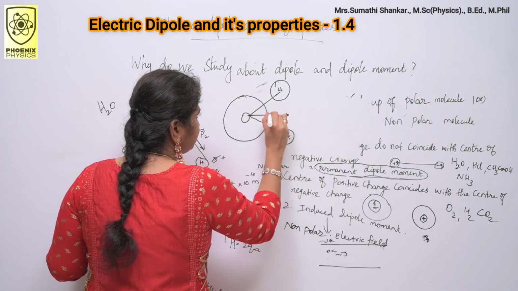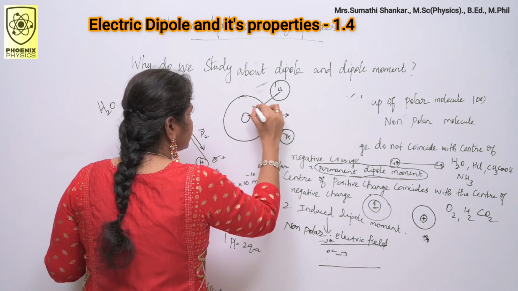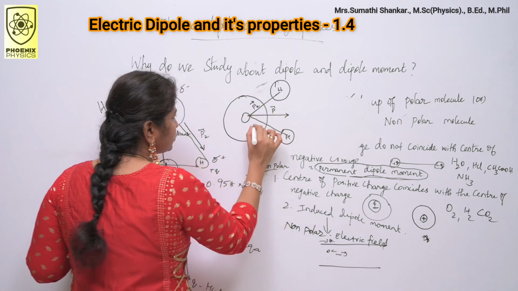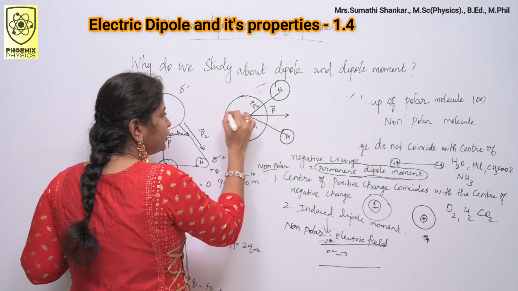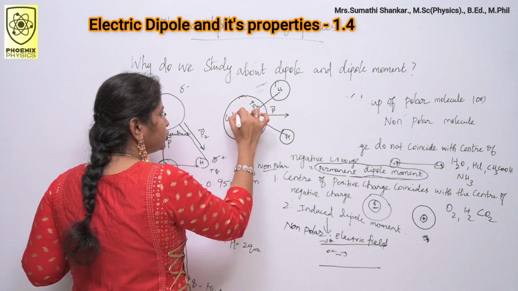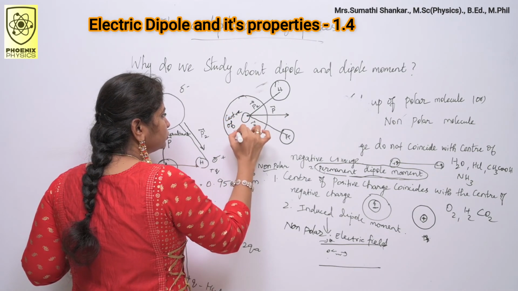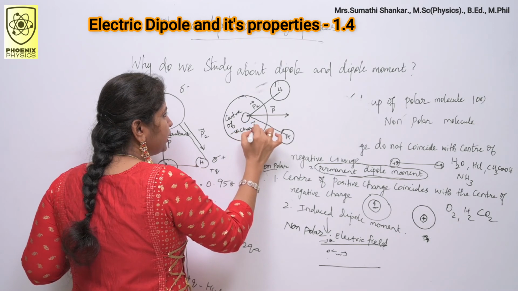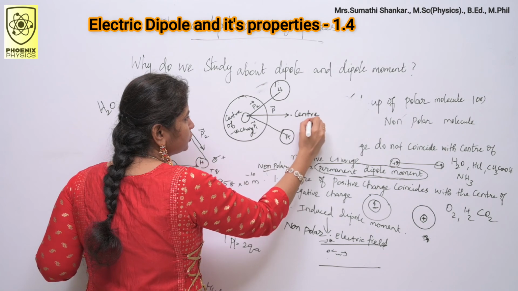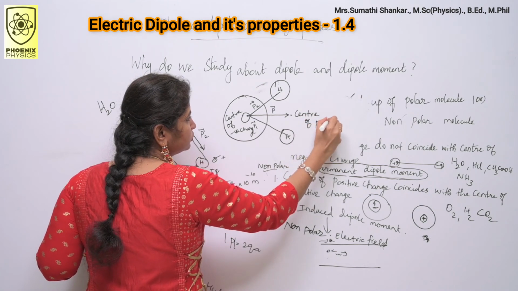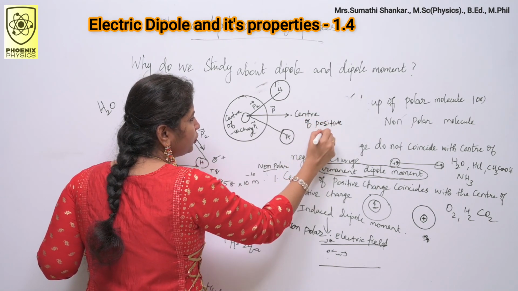This is the P diagram, that is the resultant one. This is P2, this is P1. This center is nothing but the center of the negative charge. Here they have mentioned this is the center of the positive charge. How do you get this center?